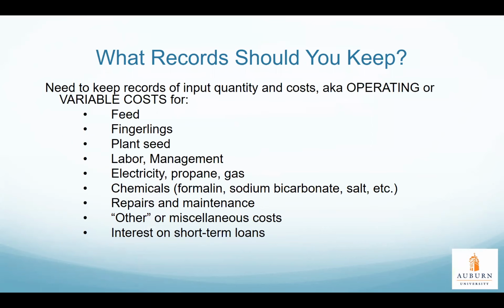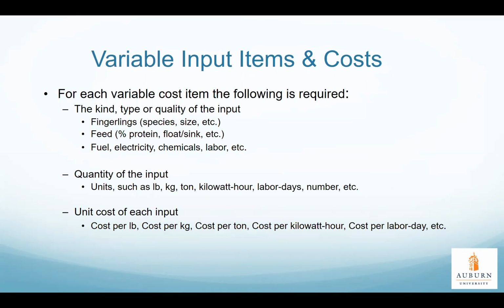So as you've seen, we've kept detailed records on feed, fingerlings, seed, labor, electricity, chemicals, repairs, and other. And what we add here in the enterprise budget is an interest on the operating costs. This is a short-term loan. And the reason we do this is because all the money that goes in to purchase those inputs, we want to compare apples to apples. Someone that has to borrow that money is paying an interest rate on it.